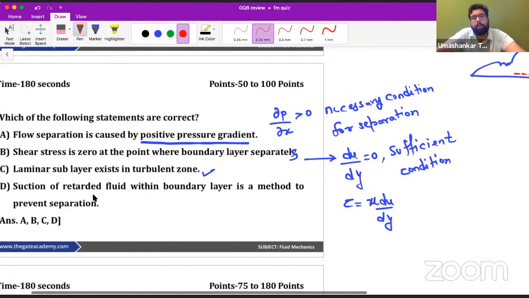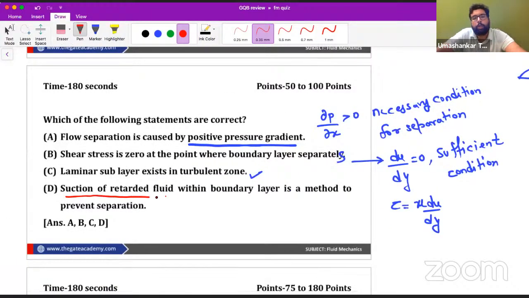C is also true. Now, suction of retarded fluid within the boundary layer is a method to prevent the separation. If you remember, why does separation happen? Because velocity decreases. Decrease of velocity of the flowing fluid is the reason for the separation.